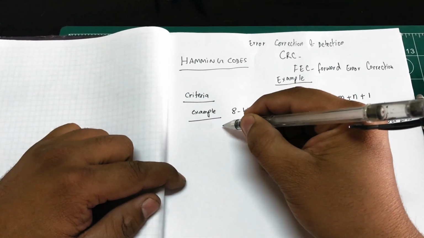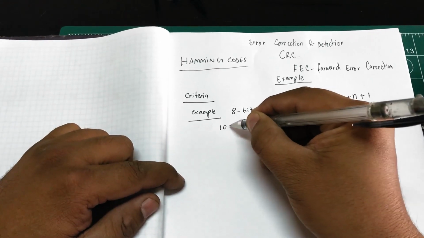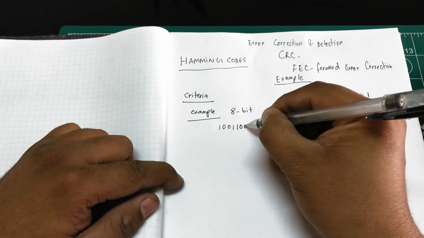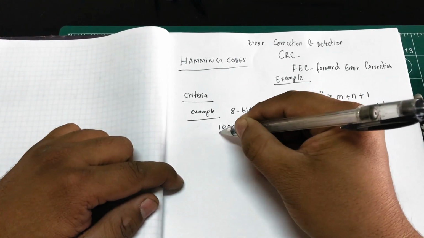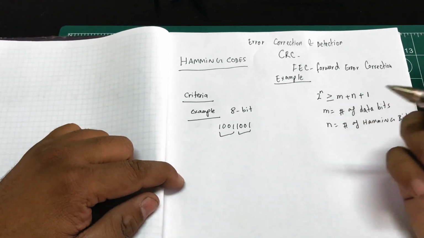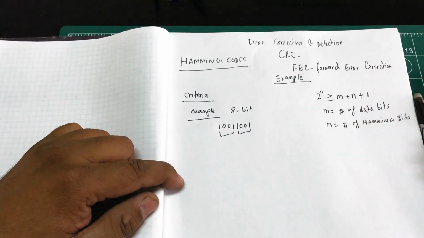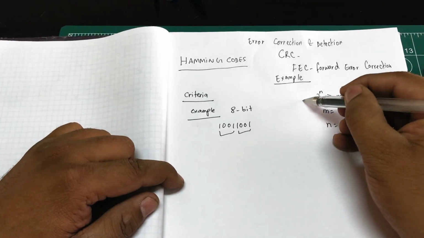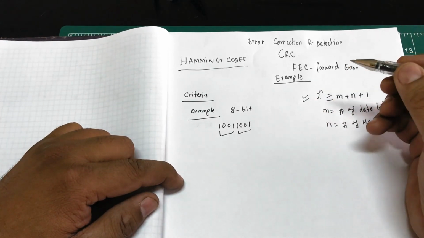Let's say my data stream is something like 100110001. So I have 4 bits here and 4 bits here. Now the question is, how many Hamming bits do I need to add? This is the criteria I need to fulfill.